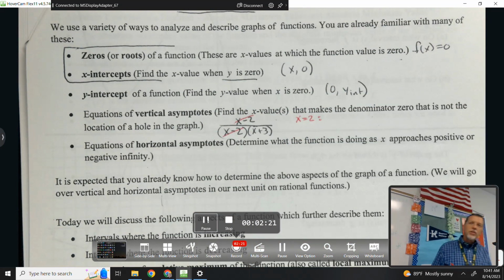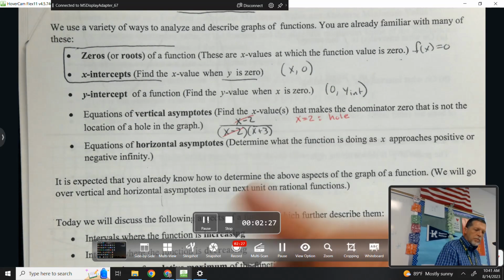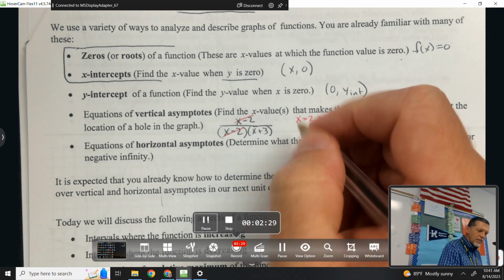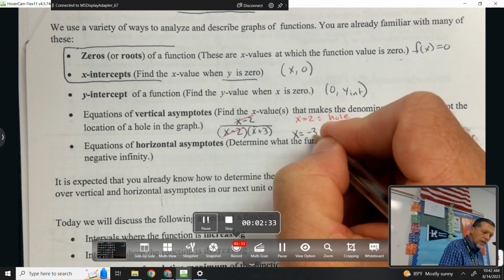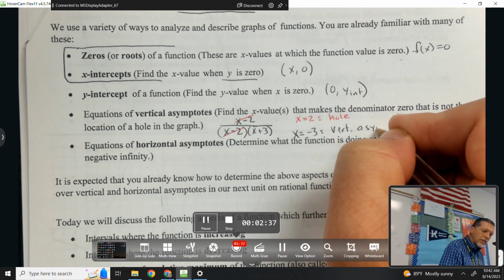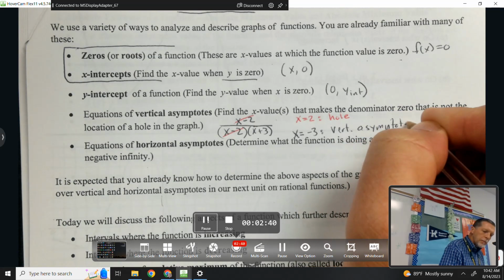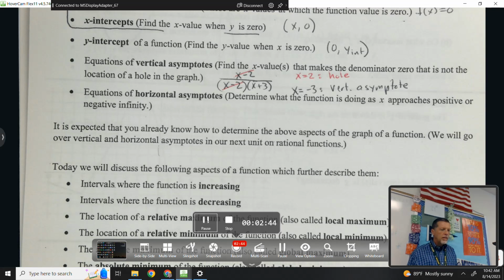If they cancel, do you remember what that makes on the graph? That makes a hole. Now the x plus 3 didn't cancel, so what's going on at x equals negative 3? Asymptote, and let's be more specific, a vertical asymptote. Is that familiar? Seen that before?